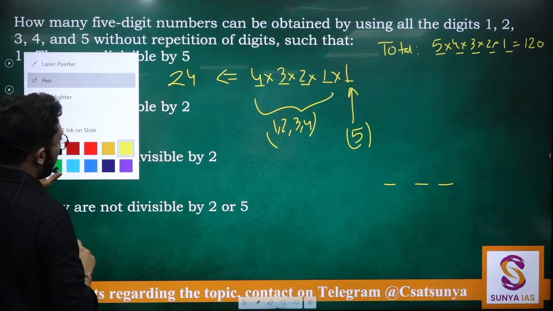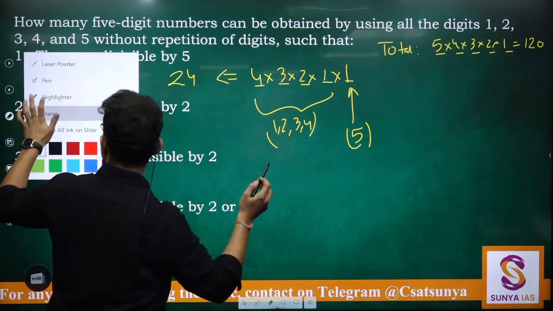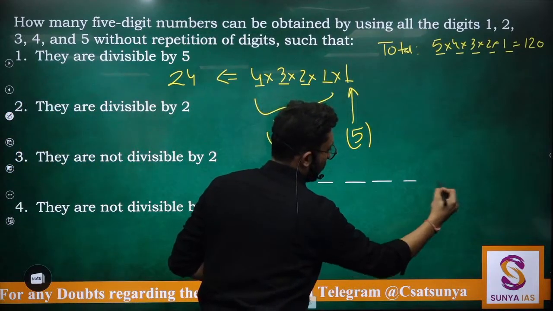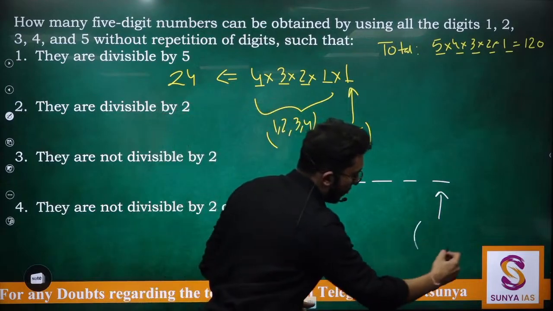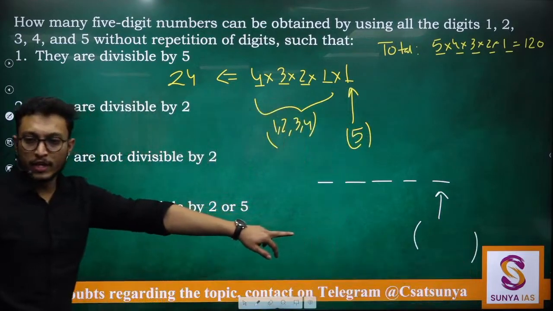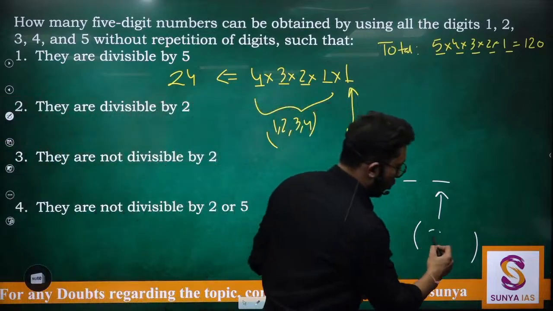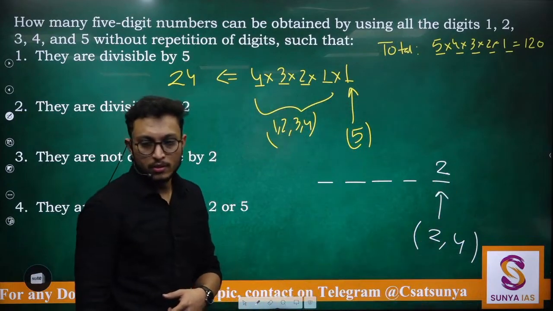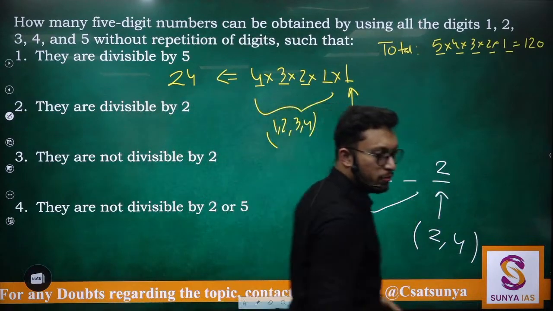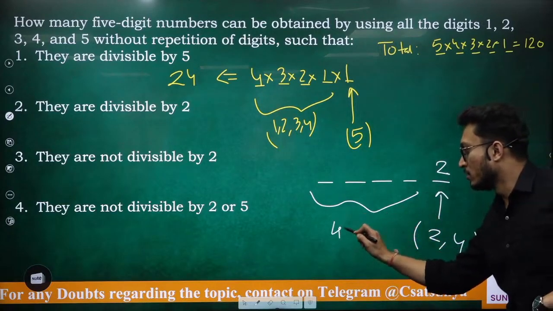I'll use a different colored pen. For this particular number to be divisible by 2, I have to fill it with a even digit. How many even digits I have? 2 and 4. So 2 options for this place. Then for this 4 places, I am left with 4 options.